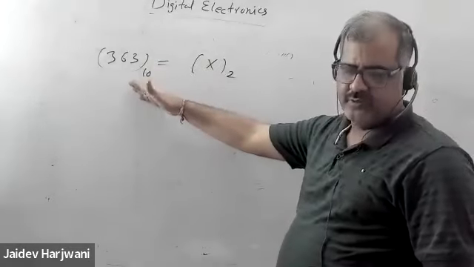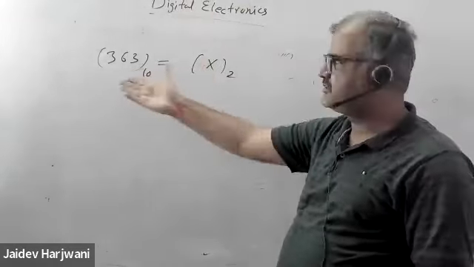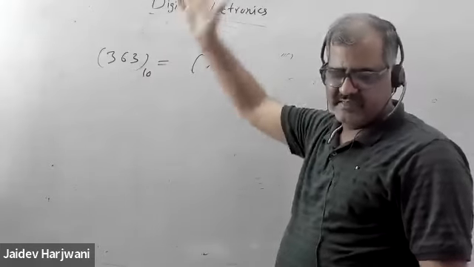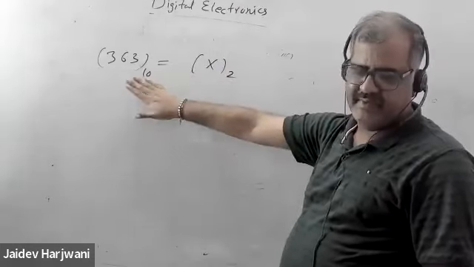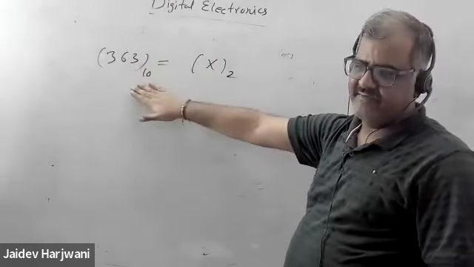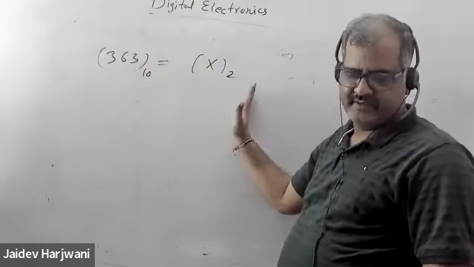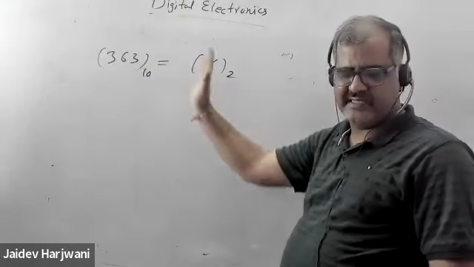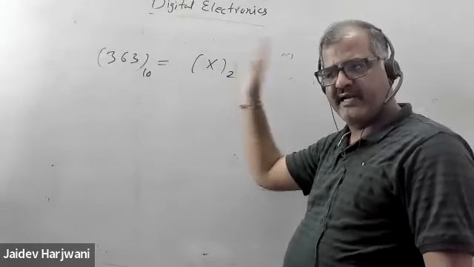So you need to divide by 2. But how many times will you divide by 2? This is a very large number. So it is better to first convert this number into the octal number system, and then from octal you can come to binary. Similarly, you can convert this number into hexadecimal, and from hexadecimal you can directly come to binary.